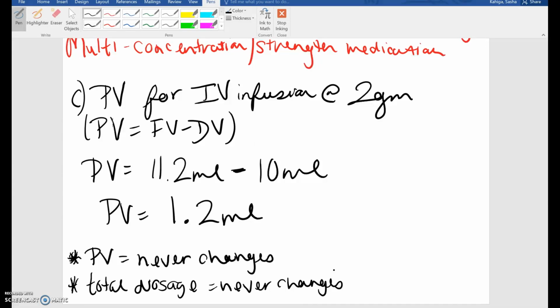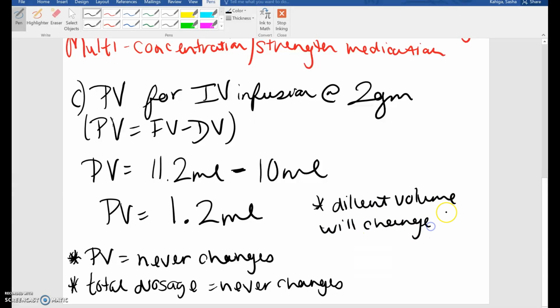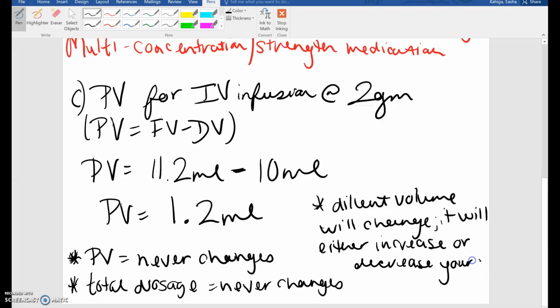But what does change is that your diluent volume will change. And when it does change, it will either increase or decrease your dosage strength.